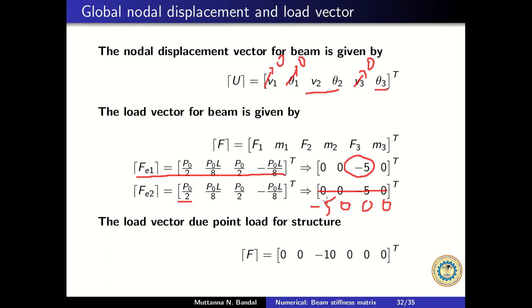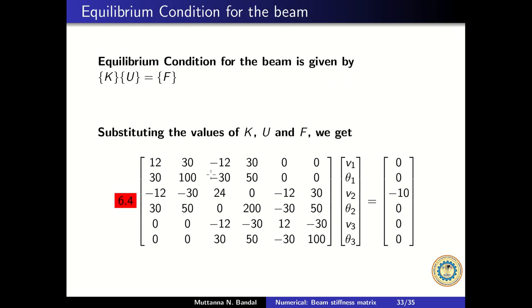Upon simplification, this 5 and this 5 add up and V2 becomes minus 10. So now the load vector will be 0, 0, and V2 is minus 10. M2 is 0, F3 is 0 and M3 is 0.